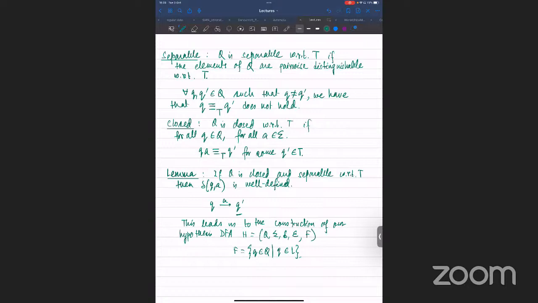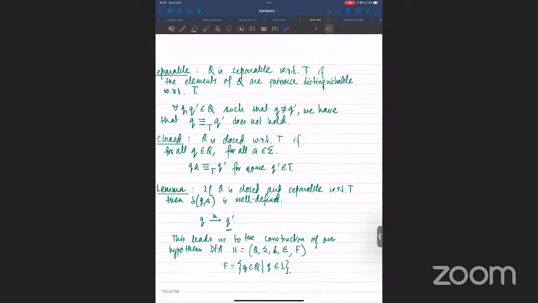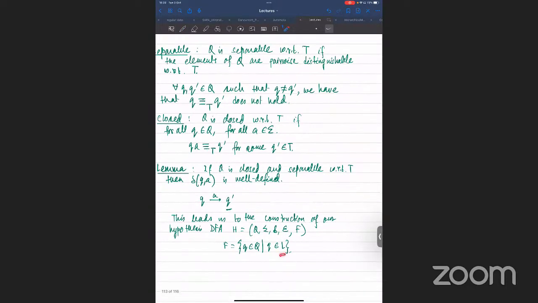So my capital Q, it has some strings. It's a set of strings. Correct? So I will consider those strings which are in L, and I'll call them final.